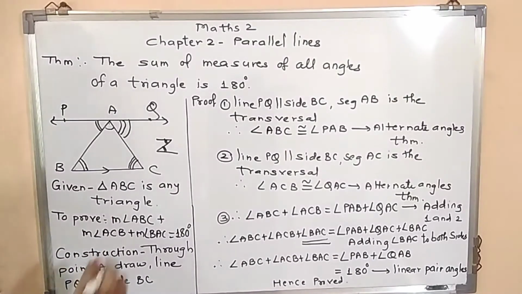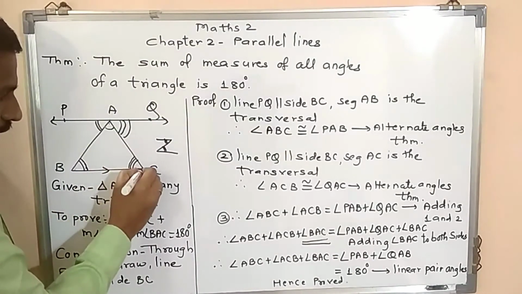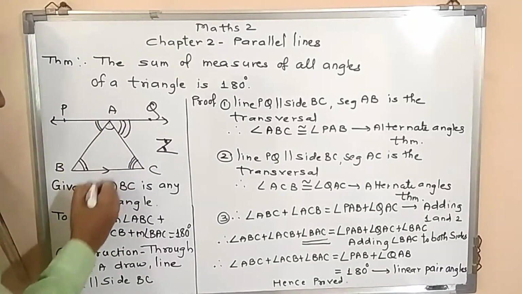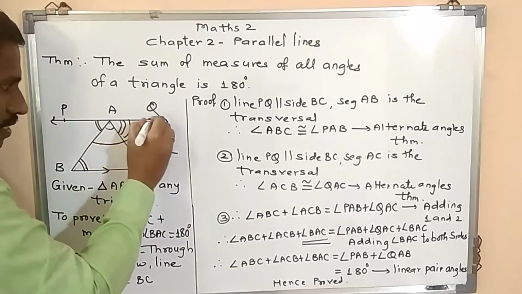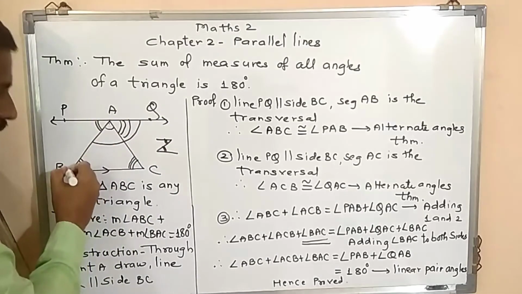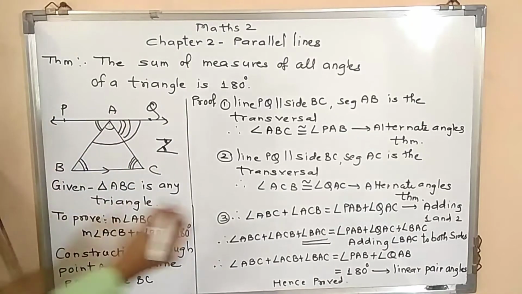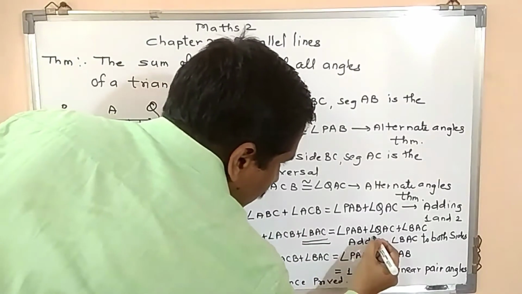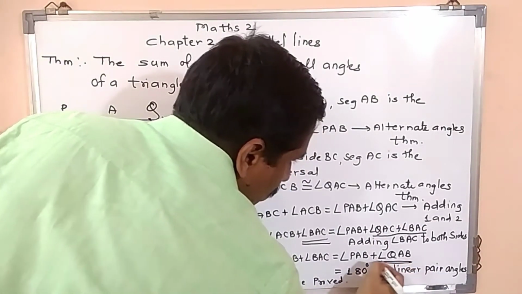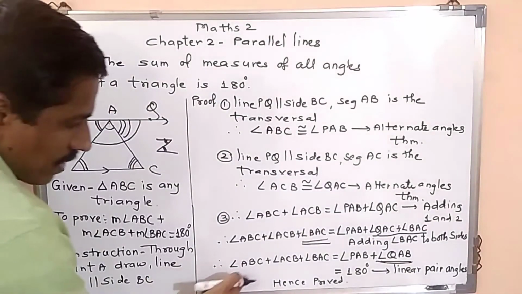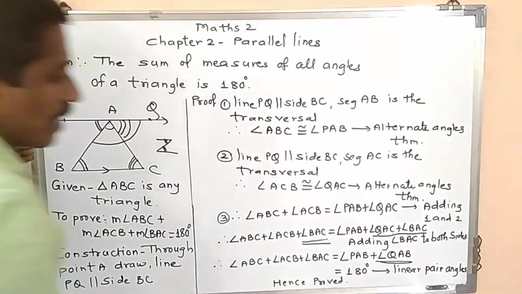Now angle QAC and angle BAC, if I add these, I will get angle QAB, which is the addition of QAC and CAB. Now, left hand side is angle ABC plus angle ACB plus angle BAC. See what is the right hand side.